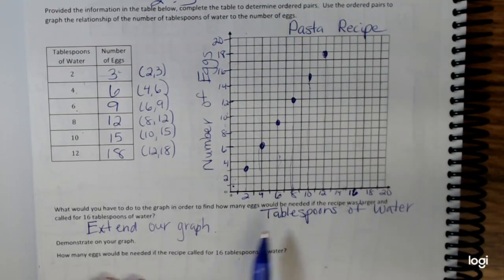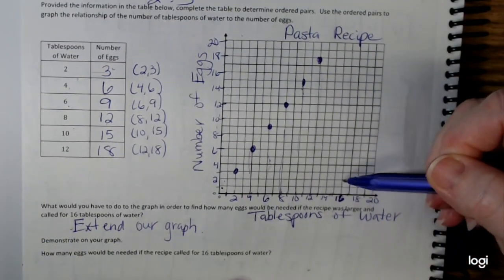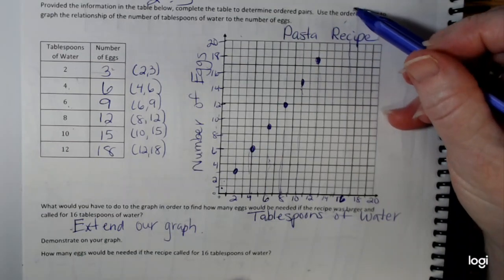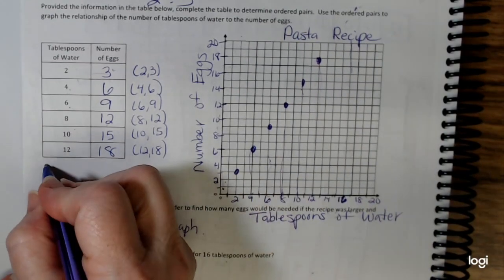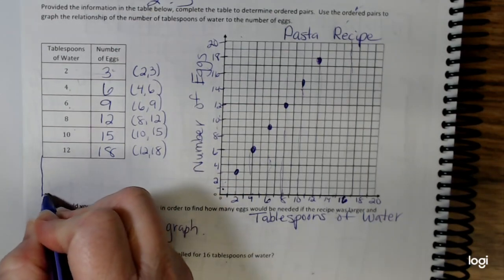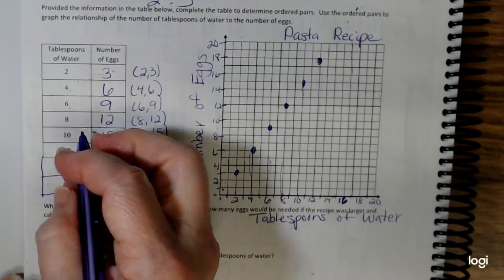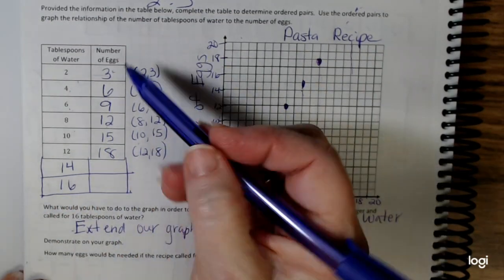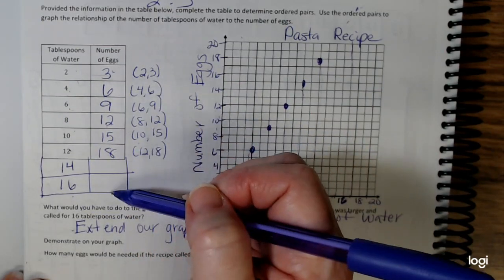Okay, so it says 16 tablespoons, so I would be here 16, and I would go up. But if you notice, I'd have to go somewhere up here. So I know that if I did this and continued 14 and 16, 2, 4, 6, 8, 10, 12, 14, 16, we're counting by threes over here.